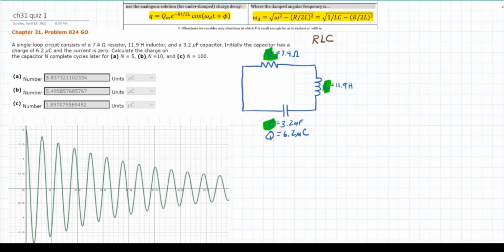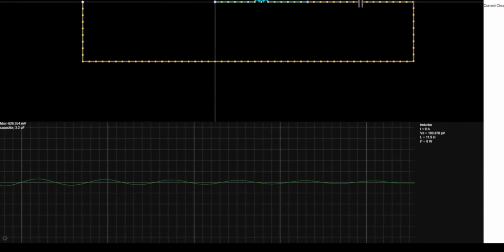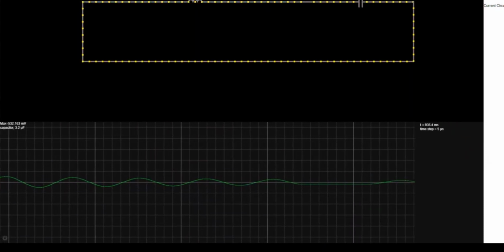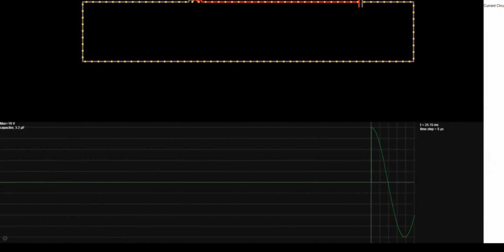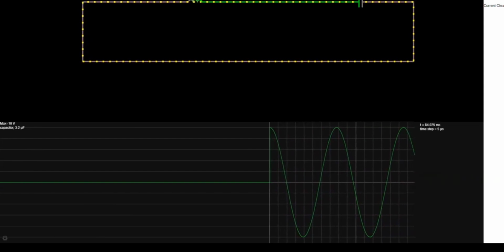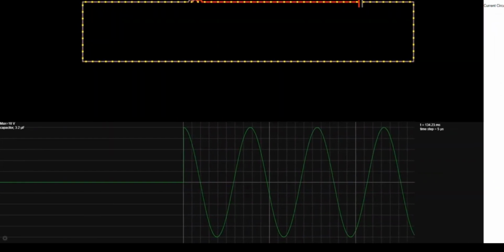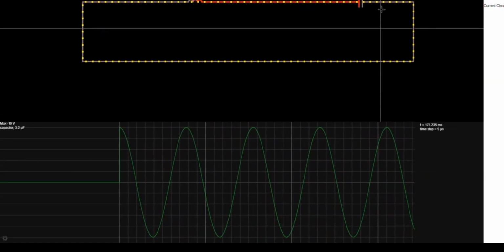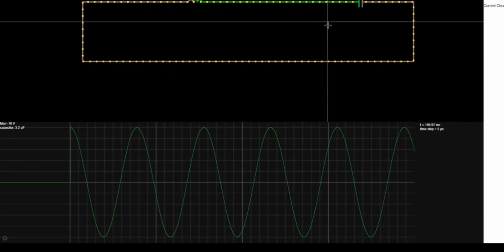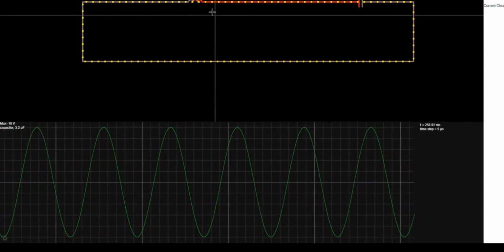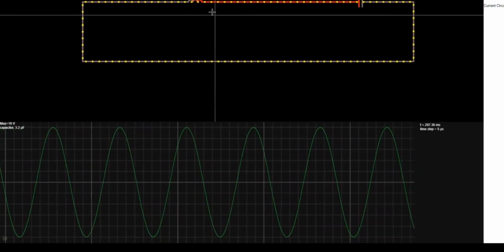So if I go back to my Falstad circuit, let me again say, here is the perfect world. Look at that, just a pure sinusoidal shape. Chapter 31 spent an enormous amount of time talking about how this shape originates. Basically, it's a game of hot potato. The capacitor and inductor are throwing the energy back and forth.